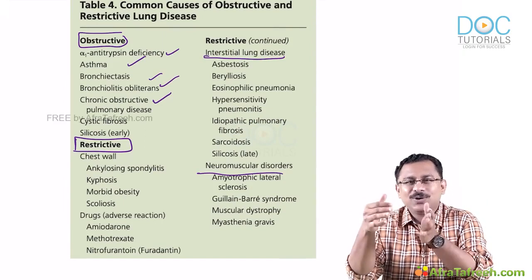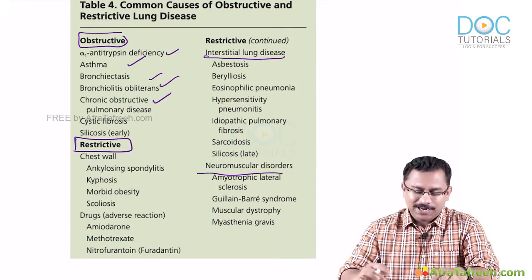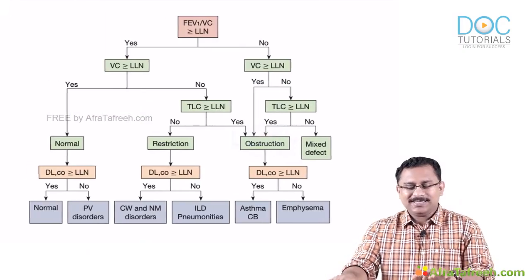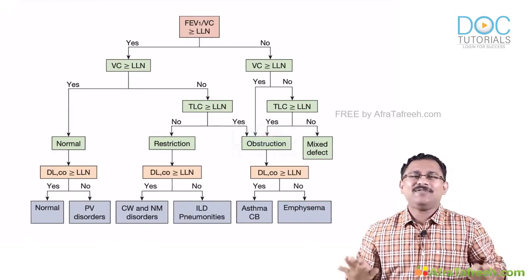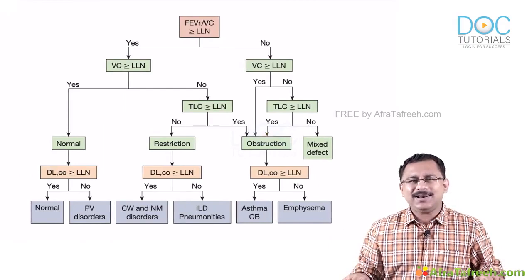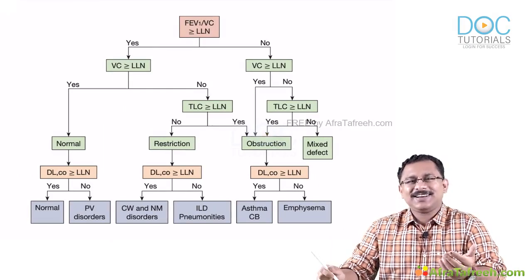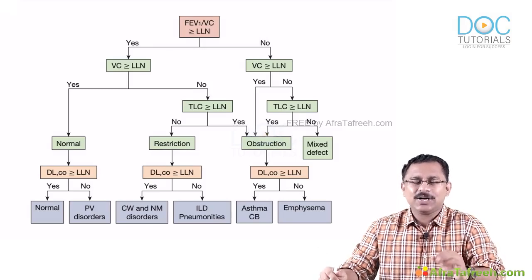That is why we are going to that flow chart up next. Let's see the simple flow chart, taken from Fishman Pulmonology. This is there in all textbooks. This is the standard one for differentiating obstructive, restrictive and vascular lung disorders.